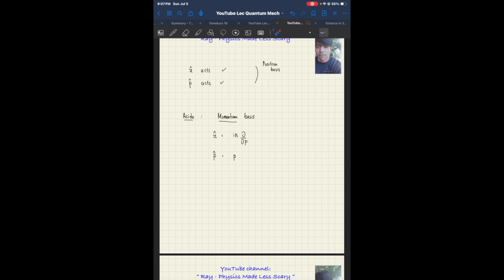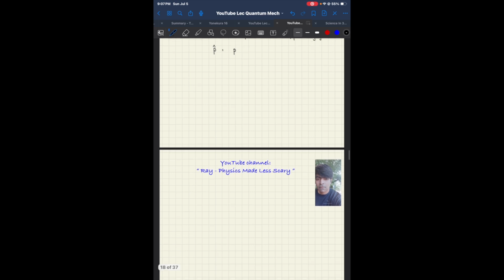Later, if you take up quantum field theory, you'll probably use this basis a lot more, and they are related by Fourier transform, because we know, for example, that x and p are conjugates. But this was an aside. If you don't follow, that's absolutely fine. There's no problem.